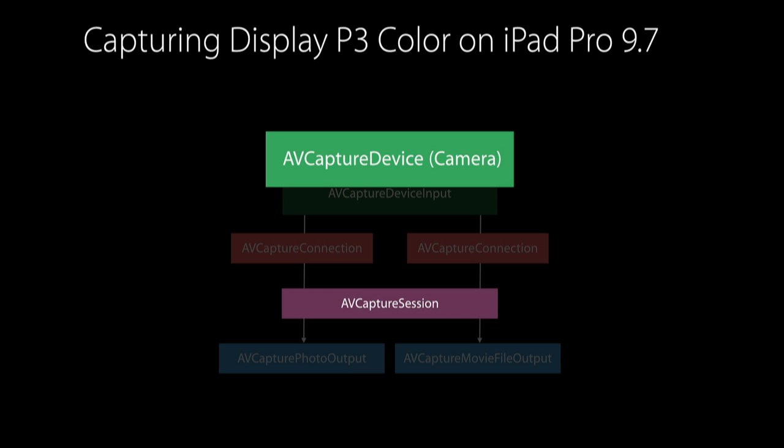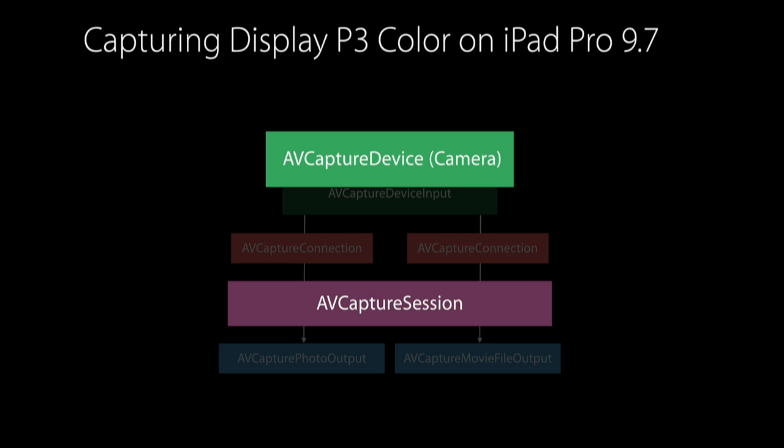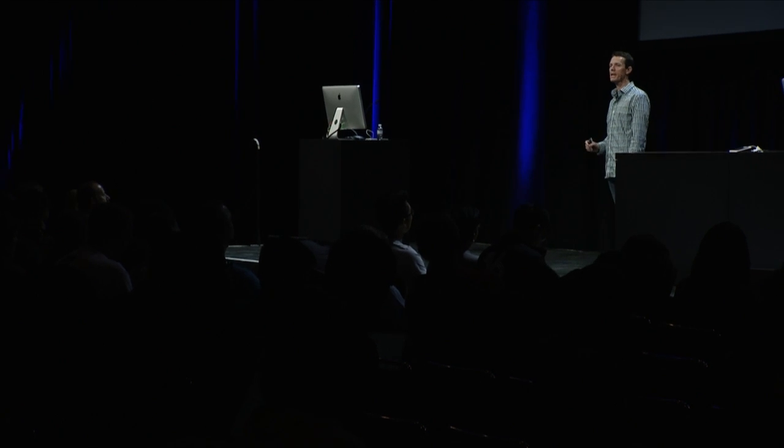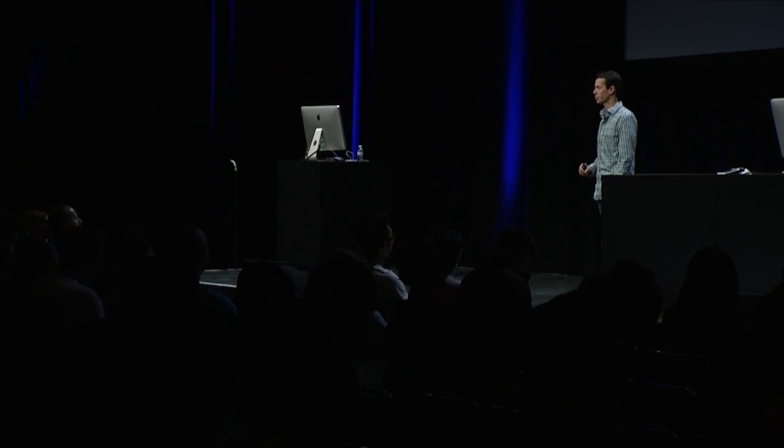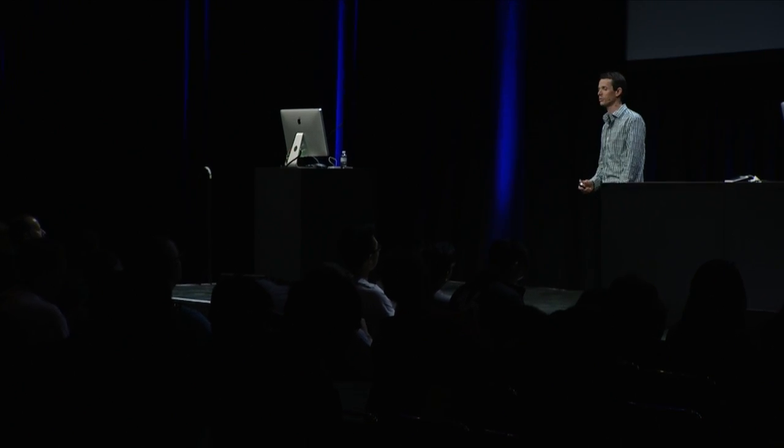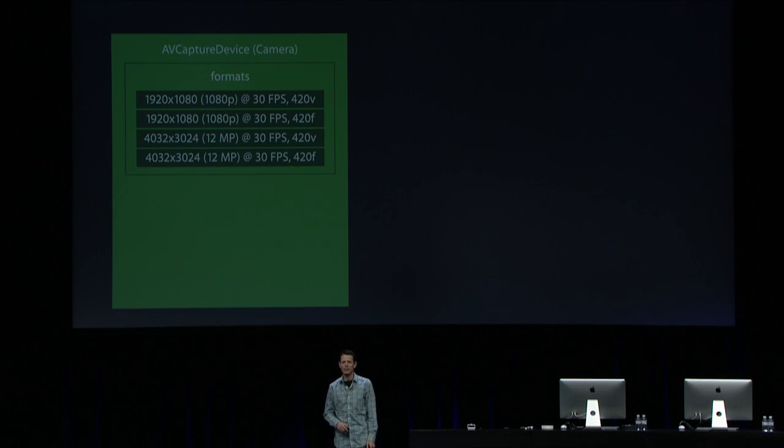So we're going to spend some time talking about the AVCaptureDevice, and we're also going to talk about the AVCaptureSession. The session is where automatic wide color selection can be determined for the whole session configuration as a whole. Okay, AVCaptureDevice is how AV Foundation represents a camera or a mic. Each AVCaptureDevice has a formats property. Formats is an array of AVCaptureDeviceFormats.